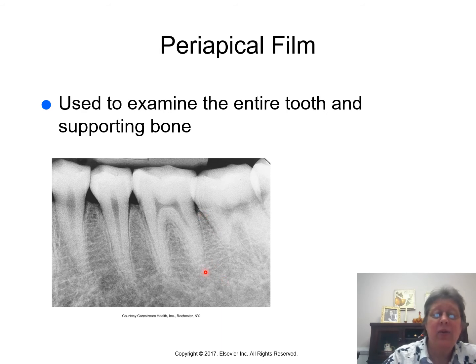We can diagnose abscesses of the teeth. We can diagnose cavities. So a periapical is going to be a picture of the entire tooth. What we call the crown, the part that you could see in the mouth, all the way down to what we call the apex, the end of the root.